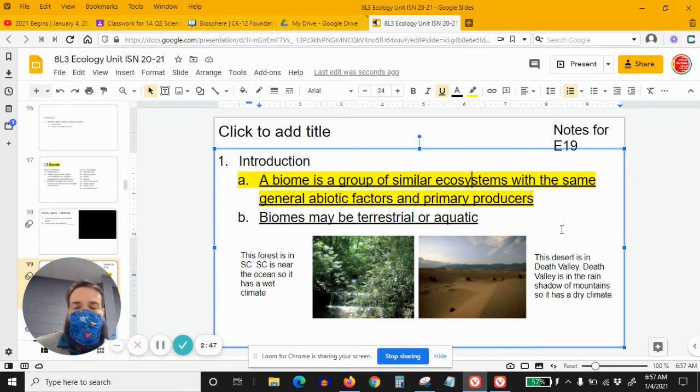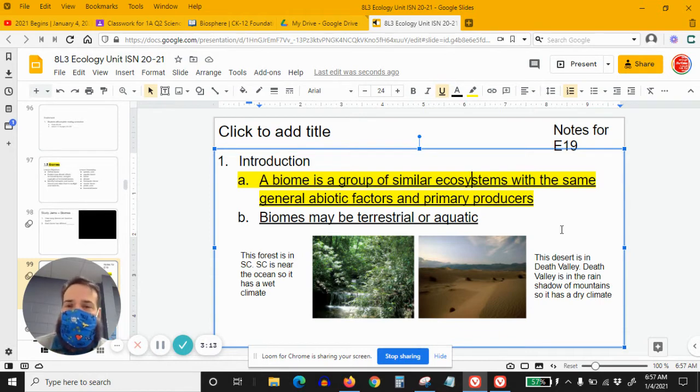All right, so remember, an ecosystem is all the living and all the non-living things. Okay, so it's all the abiotic and all the biotic factors. So a biome, you're going to have all the general things that are abiotic factors. So you might be mostly rock.